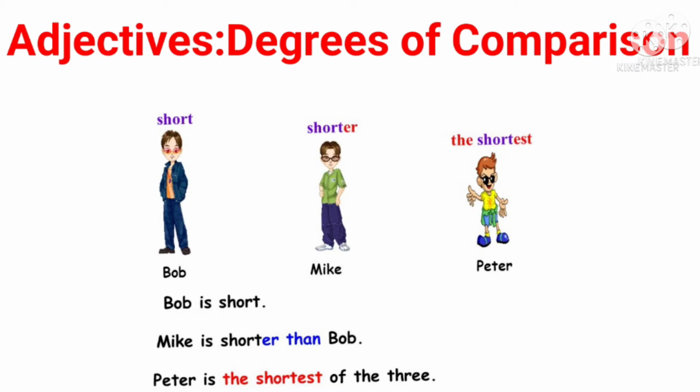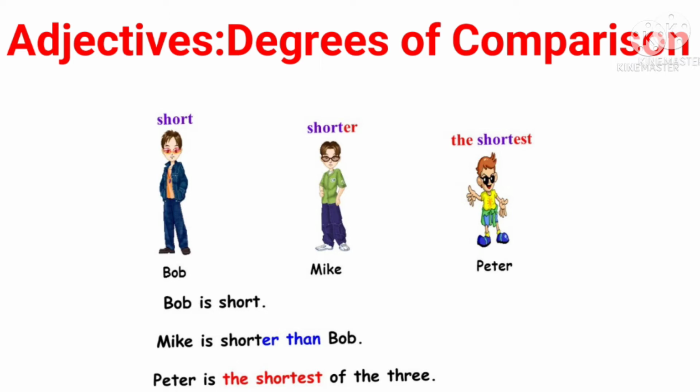So when there is a comparison between two, we say it like this. And when the comparison is between more than two people or more than two things, we say it like this, as represented in this example: Peter is the shortest of the three. Let me explain it in a better way.